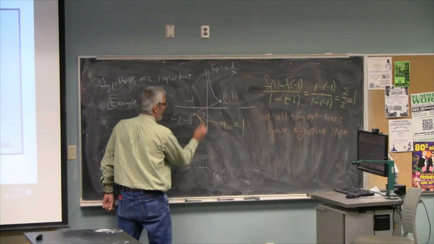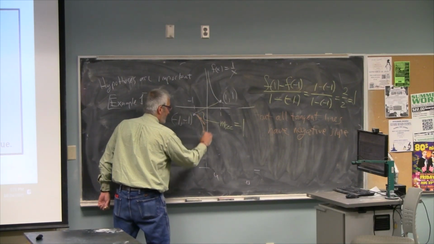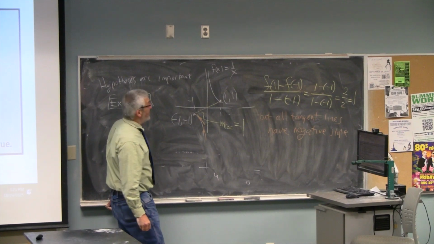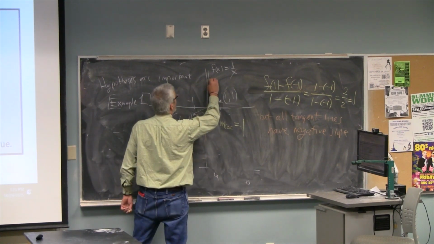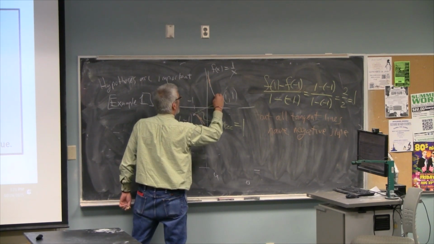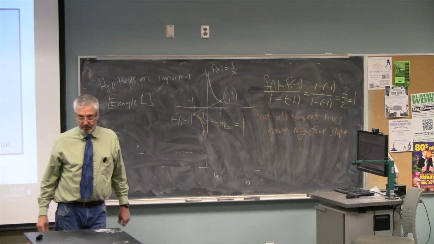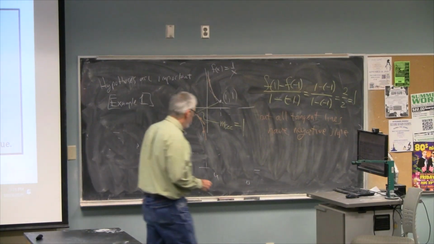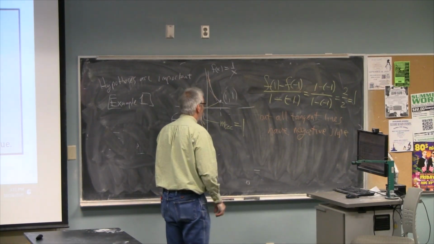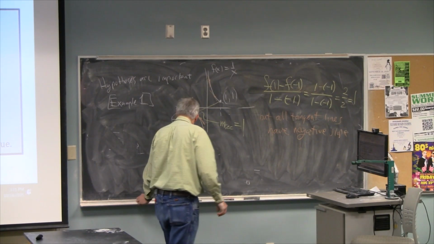It has a slope that's a negative number. Here's a tangent line. It has a slope that's a negative number. I'm not going to find any places on this graph where there's a tangent line that has a slope that's the number 1. So none of the tangent lines are parallel to that secant line.